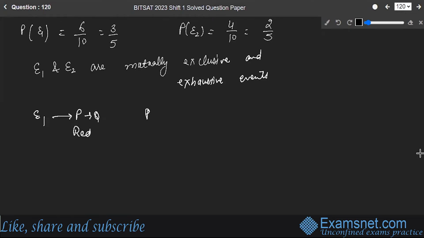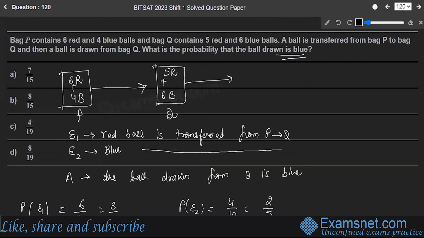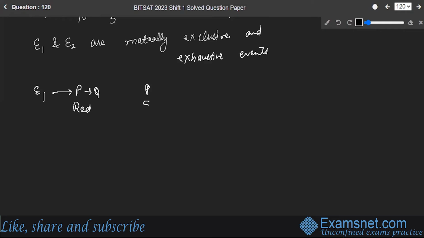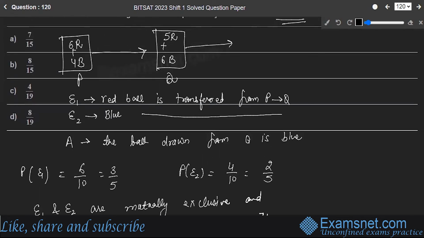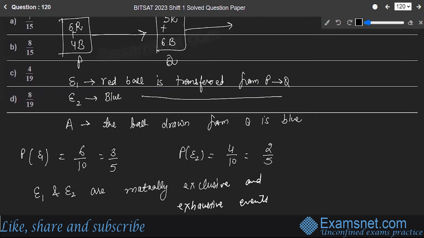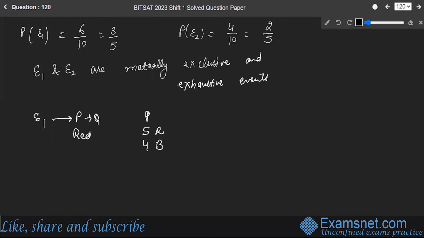Now the P bag will have 5 red and 4 blue balls, and the Q bag will have 6 red and 6 blue balls if event E1 happens.